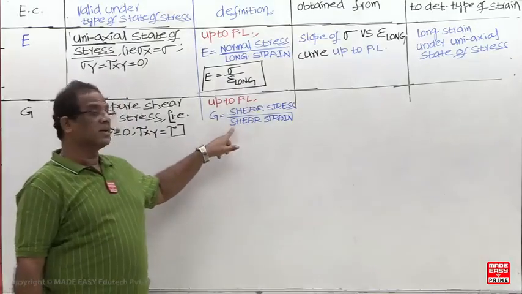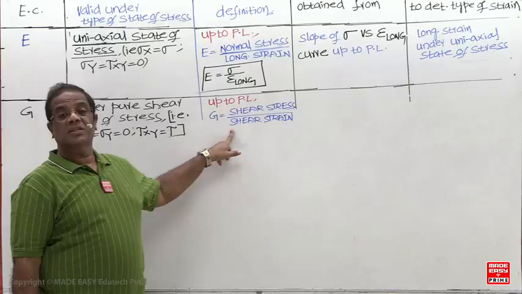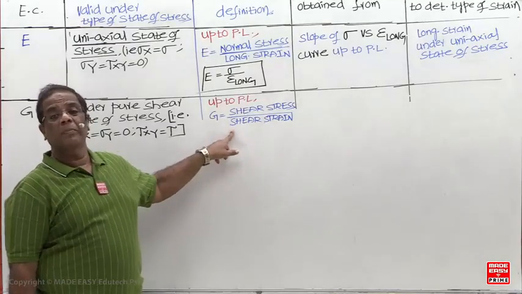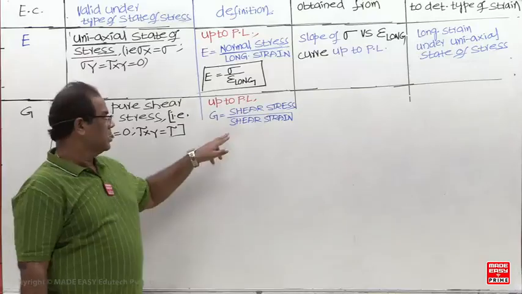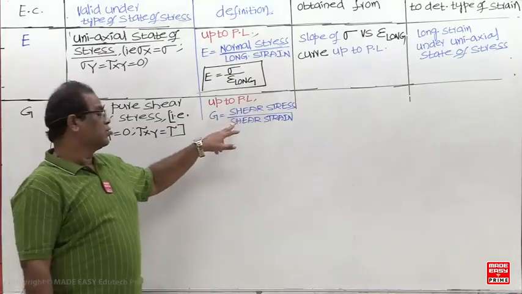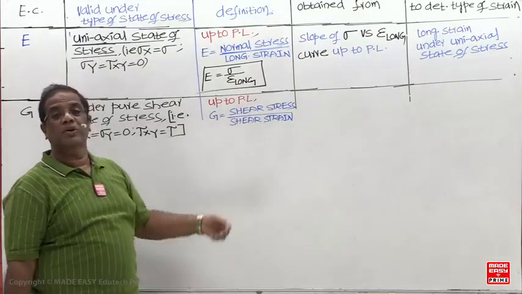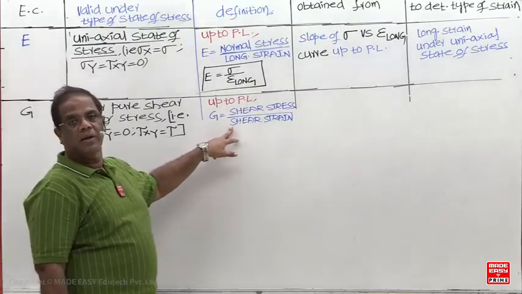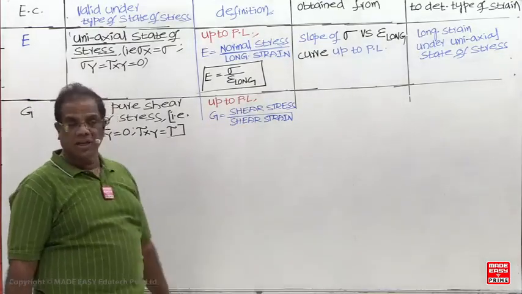In the last class itself you studied shear strain. Shear strain is the change in the initial right angle between two line elements parallel to the x and y axes. Shear strain is nothing but the shear angle. The actual definition is shear strain, but shear strain equals shear angle. So sometimes they write shear angle in place of shear strain.